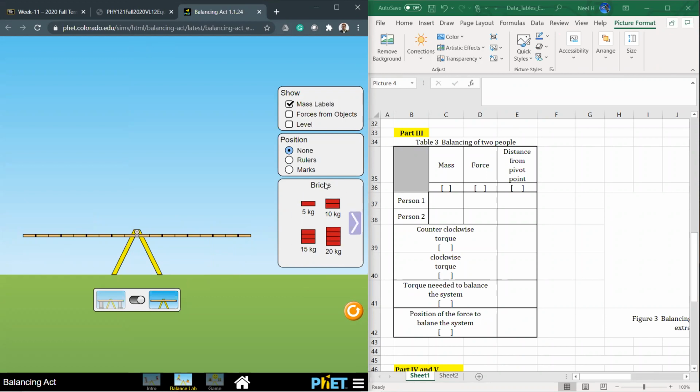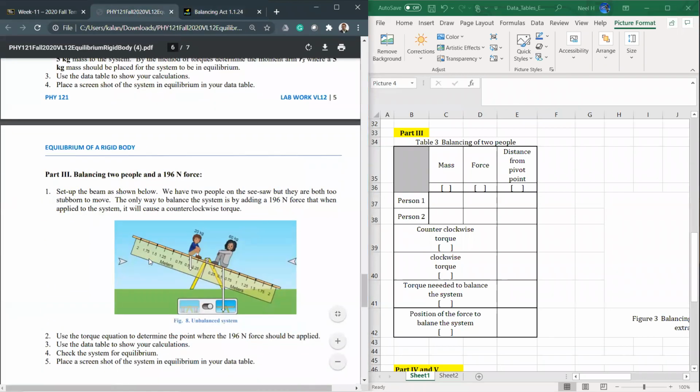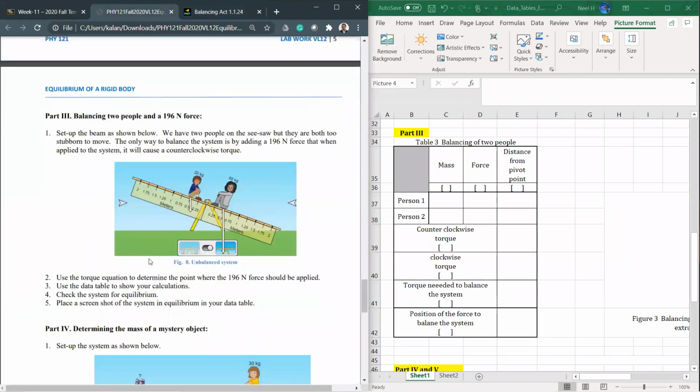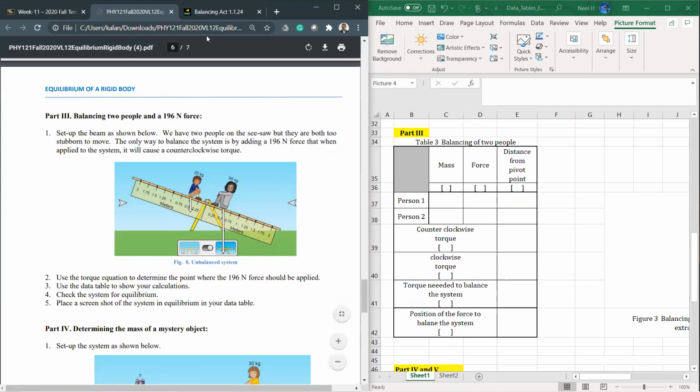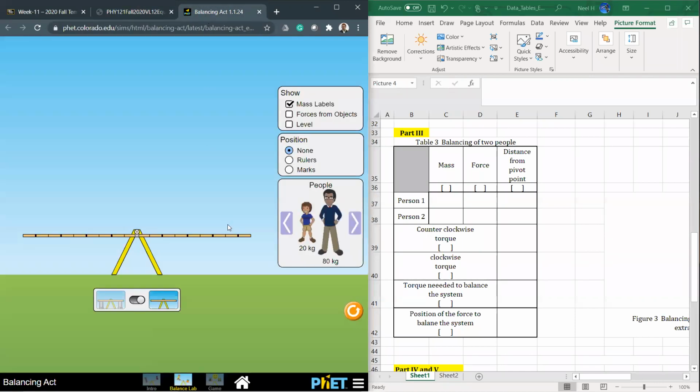In the middle part right here it says bricks, and there's an arrow pointing right. If you click that arrow, you can see it changes into people. Then I can bring two people and balance them. I can put one person at 0.5 location, another person on the other side at 0.5 location. Let's do that.